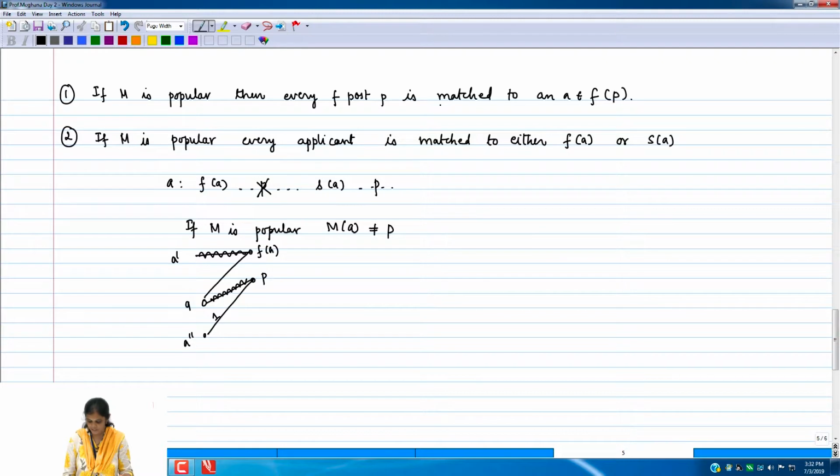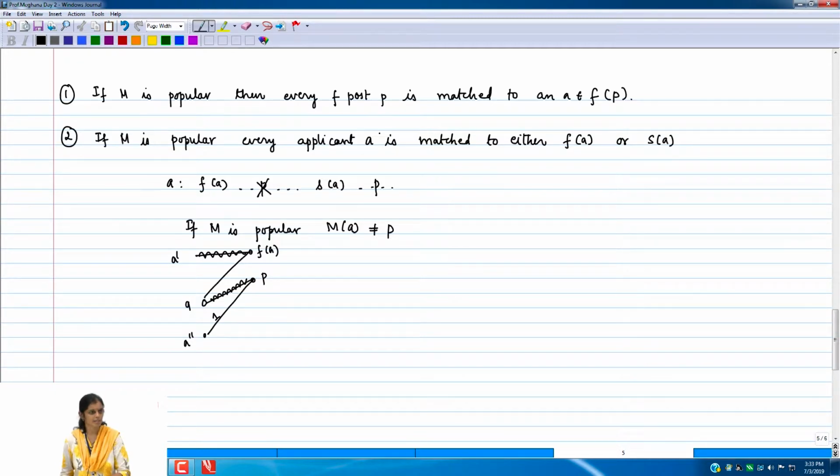We left at a place where we said: what are the structural properties of a matching if it has to be popular? We said that if it has to be popular, then every F post is matched to an applicant who treats it as a rank 1 post. And if M is popular, then every applicant is matched to either its FA or SA, and we argued that it cannot be matched to somebody strictly between F and S, else it cannot be popular.